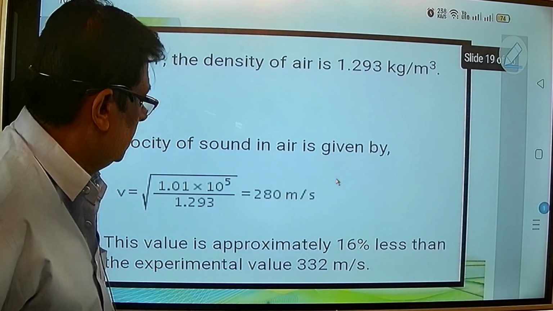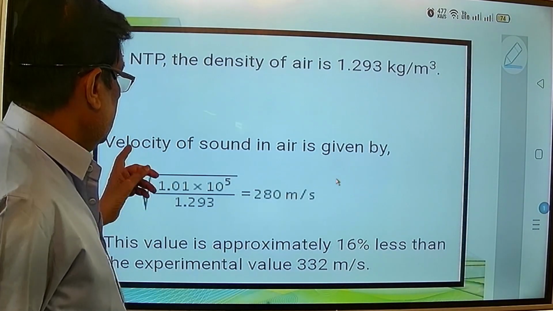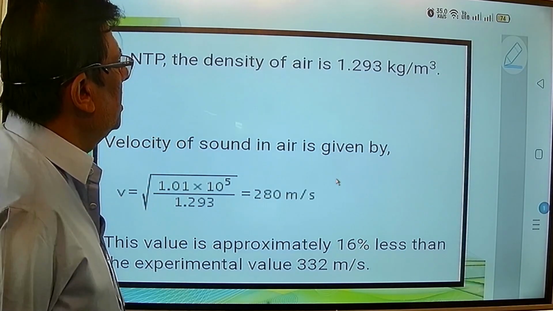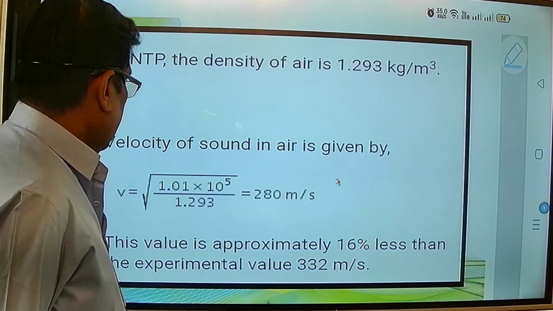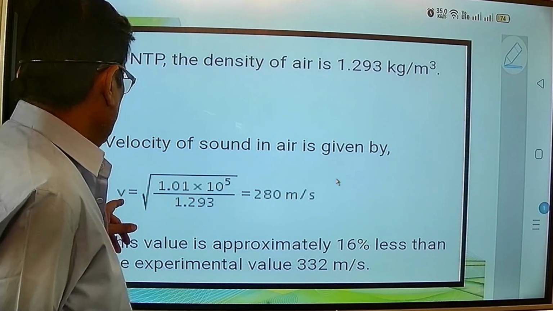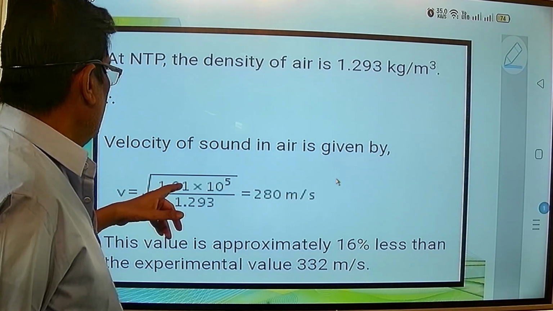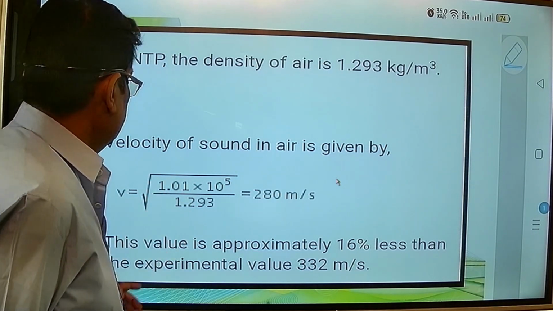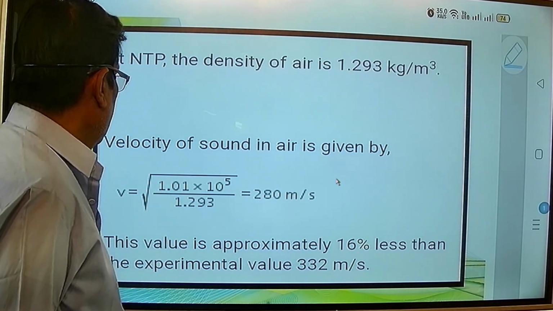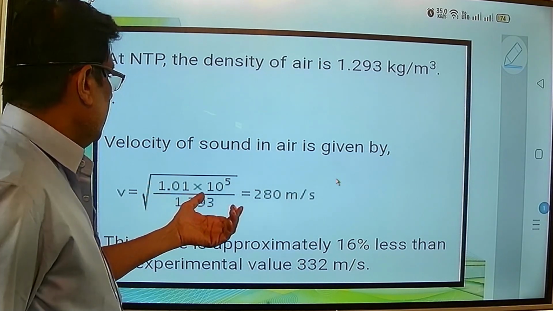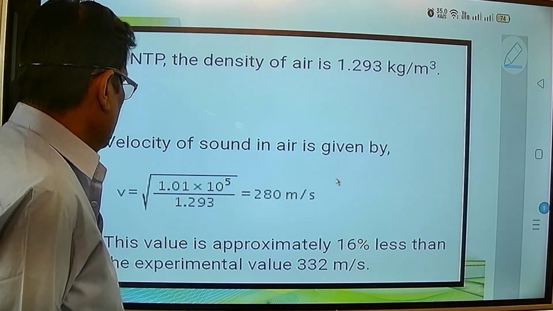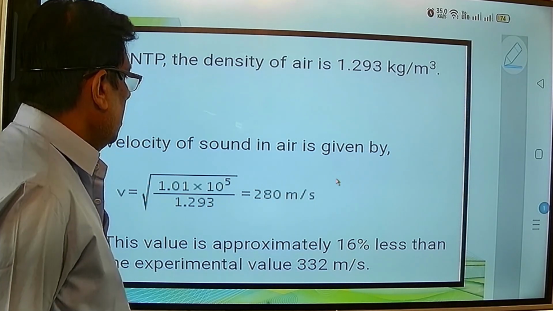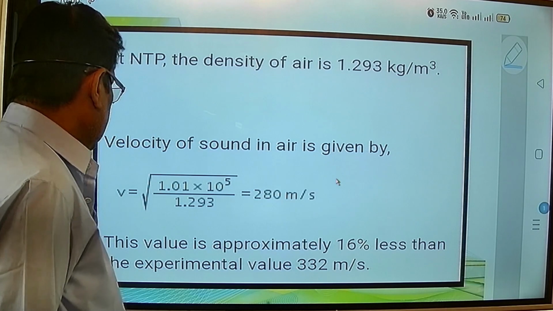And next, at NTP, the density of air is given to be 1.293 kg per meter cube. Hence, V is equal to under root of 1.01 into 10 raised to 5 upon 1.293. If we calculate it, we get the answer as 280 meters per second for the velocity of sound in air.